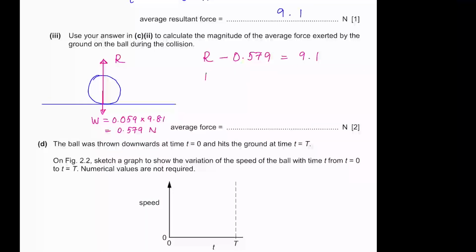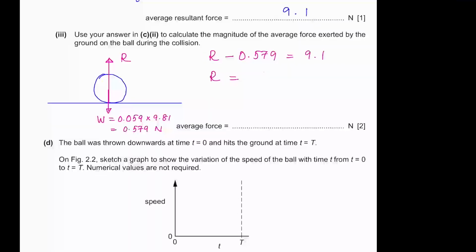So the contact force or the upward force exerted by the ground on the ball is going to be 9.1 plus 0.579. That is 9.679 newtons. To two significant figures, 9.7 newtons.